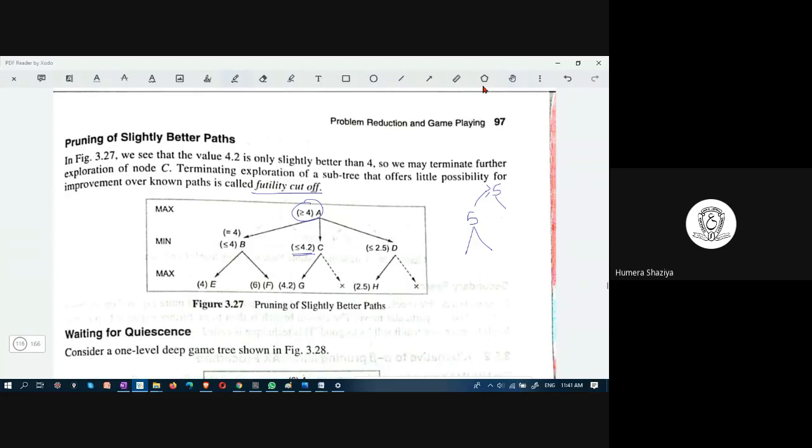If it finds 7, then it chooses that value and ignores the other path. That is known as futility cutoff.